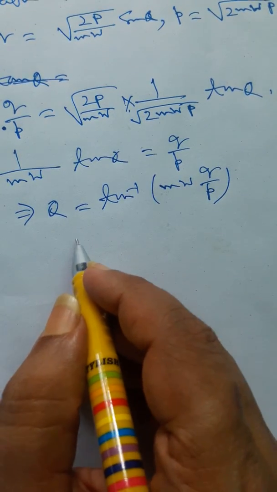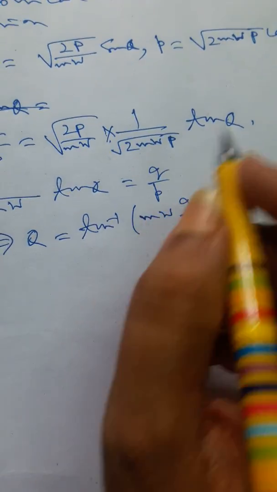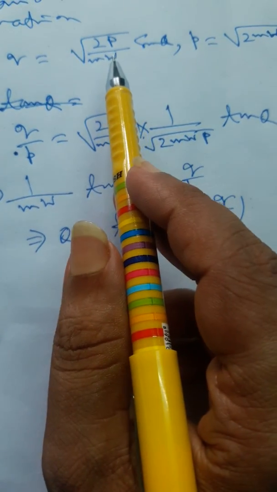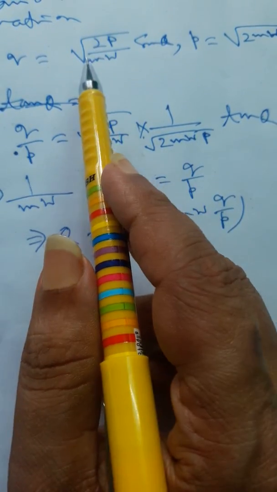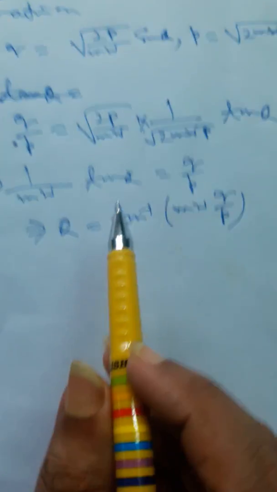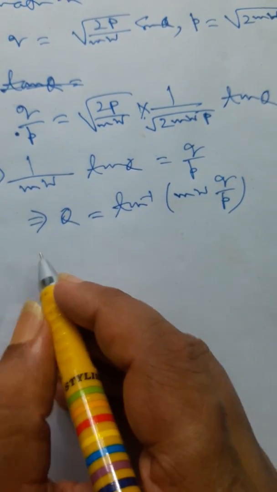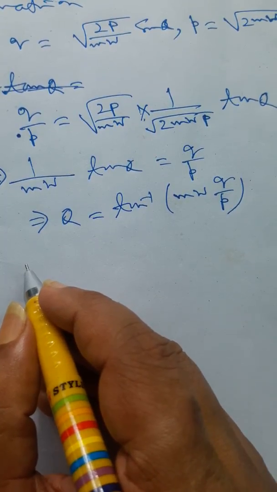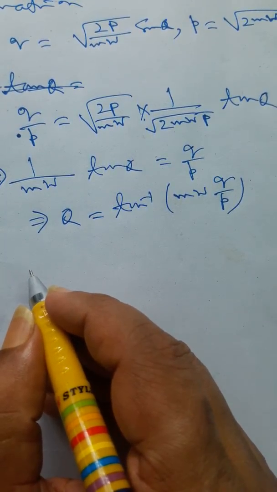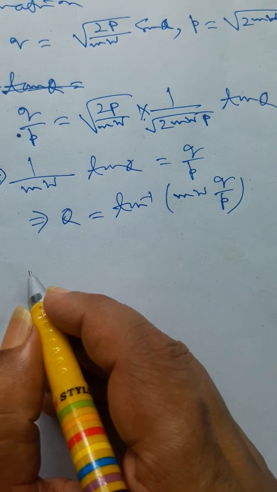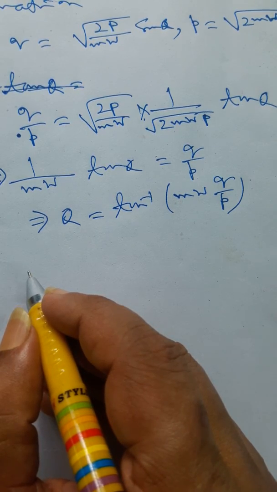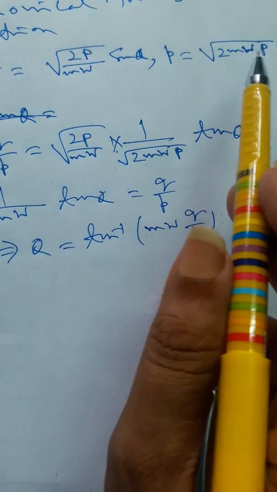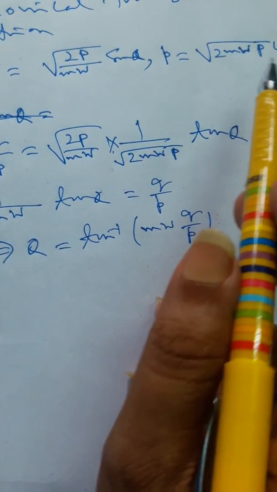Now here we have to find the value of capital P. Therefore from the first equation, Q is equal to root over twice P by m omega sine q. Therefore P is equal to... but here it's an important example that P is related to these two equations explicitly.